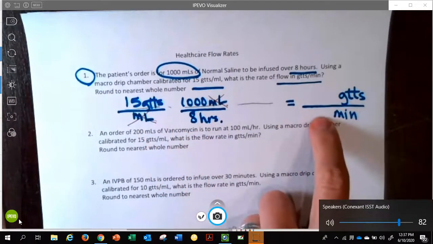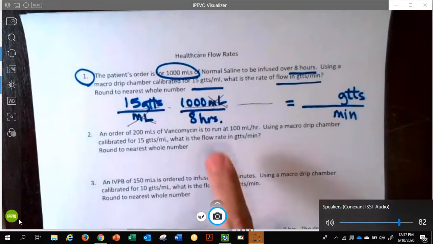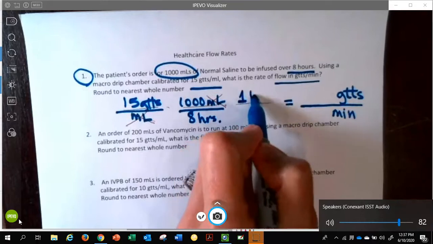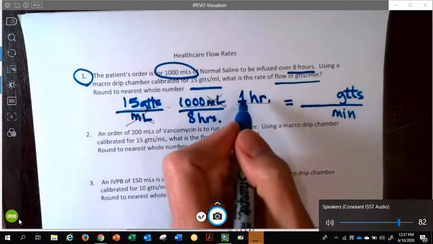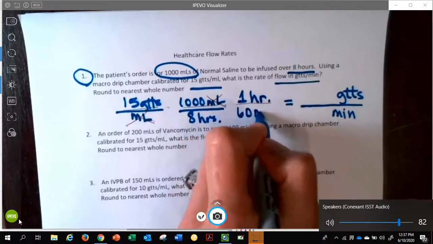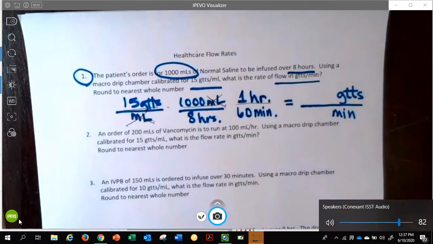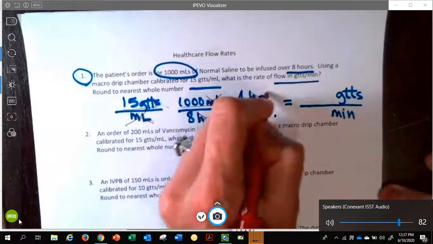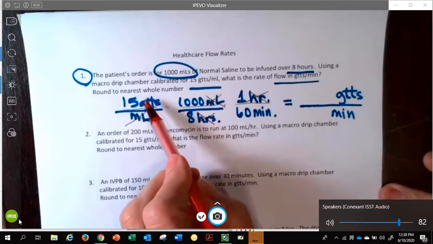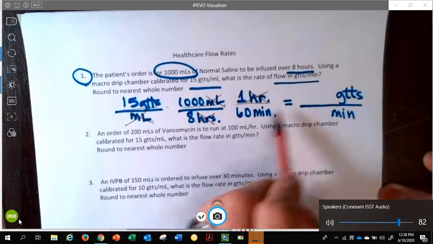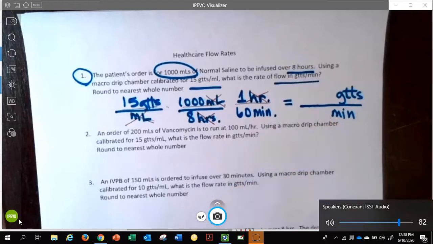I need GTTS per minute. And so if I need to kill these hours, then I can think for every 1 hour, its equivalent would be 60 minutes. And then, all of a sudden, this is looking great: our hours are gone, milliliters are gone, and what we have left are GTTS per minute, and that's exactly what we need.